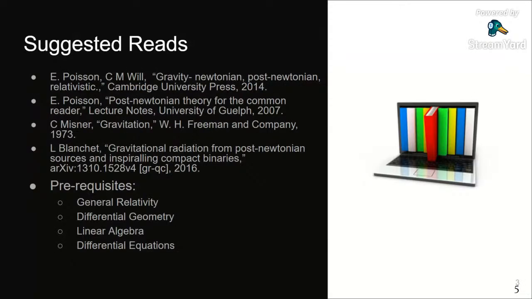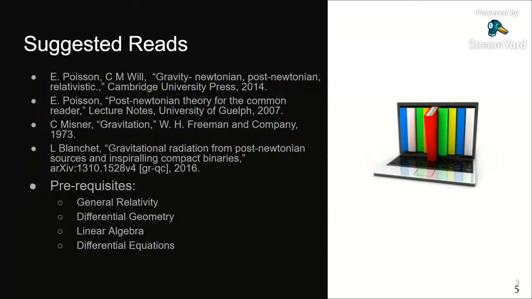I really think that these books, the first book by Poisson and Will, which is called Gravity, is a really good reference book to start with. In fact, it's not just for post-Newtonian approximations, but you can also use it to study the whole of general relativity.